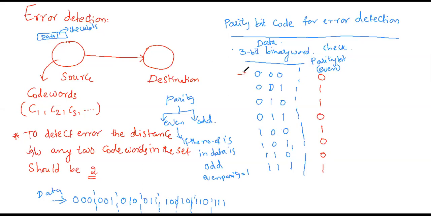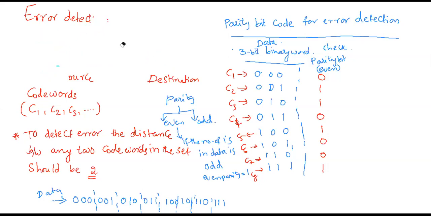This is our code word 1, code word 2, code word 3, code word 4, like this up to C8. We try to transmit these code words from source to destination.